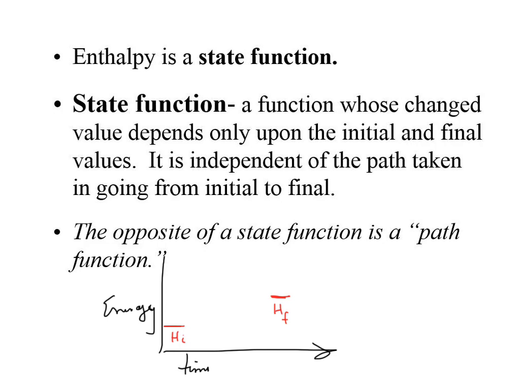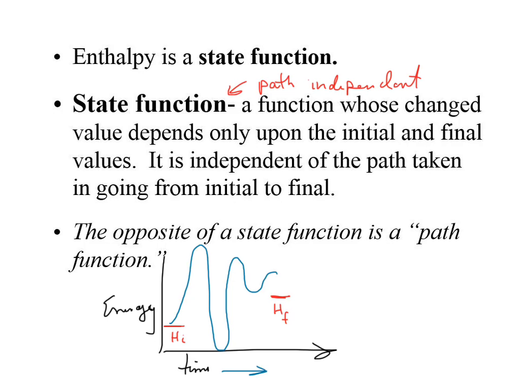What a state function means, sometimes state function is called path independent. That's the way I think of it. State function, path independent. So I'm going to draw two scenarios. Over time, I'm going to say the enthalpy of the system went up here, and then it went down here, and then it went there, and it kind of went like that.